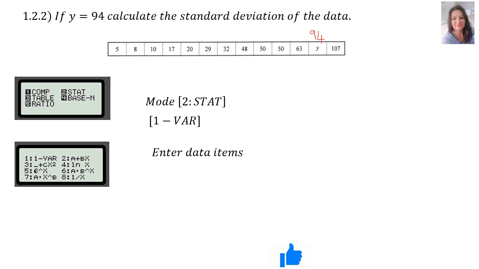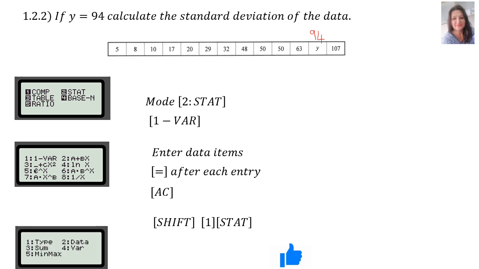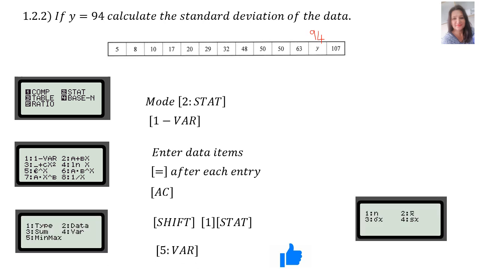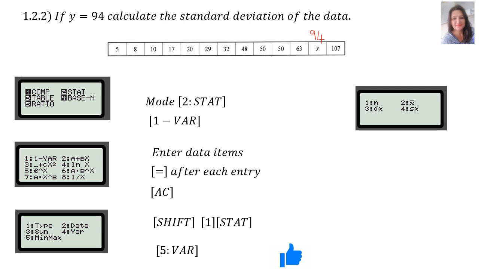Add in all the data items and press equals. Then AC. We choose shift 1 stat and then number 5 var, and then number 3 for standard deviation. And the answer, standard deviation, is 30.94.